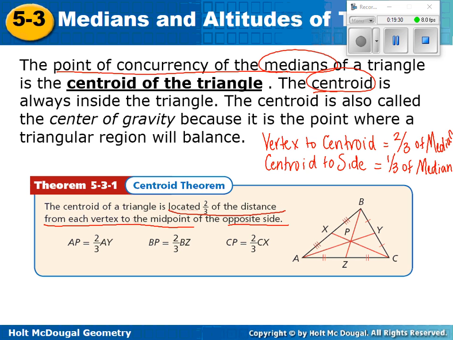Always inside, just like the in-center was always inside. We good so far? Okay, so that is your centroid made by medians. Medians go vertex to midpoint. Where they intersect is called the centroid. Centroid splits a median into 2/3 and 1/3. So now we're going to practice some problems.